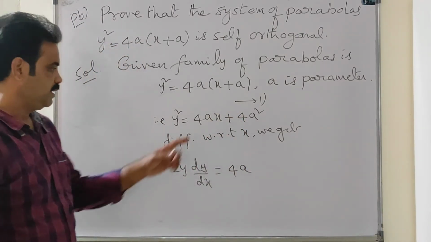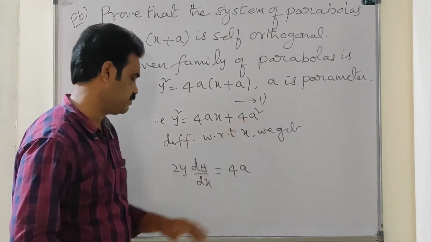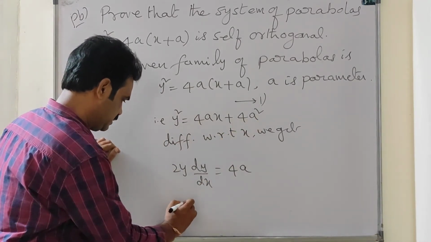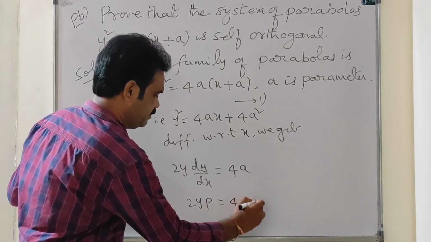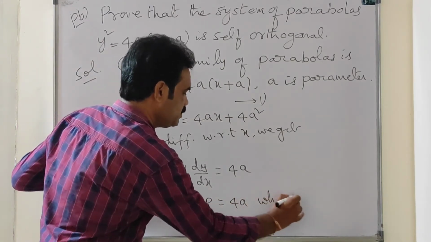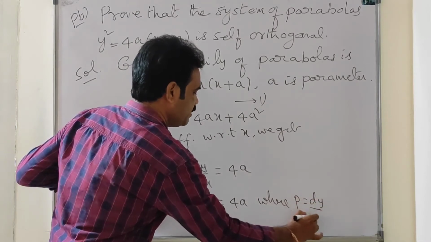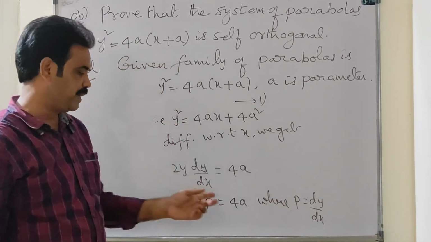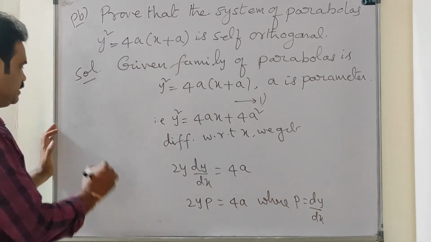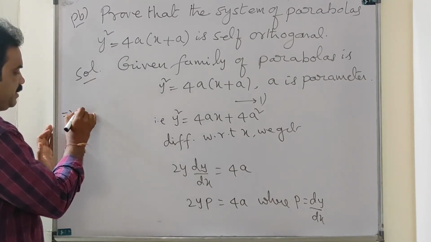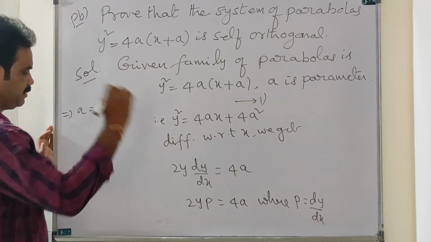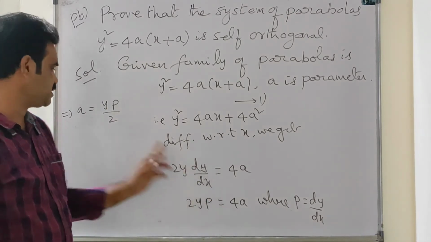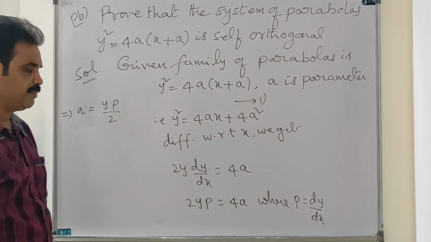The derivative of 4ax is 4a, and the derivative of 4a square is 0. That is 2yp is equal to 4a, where p equal to dy by dx. This means a equal to yp by 2.